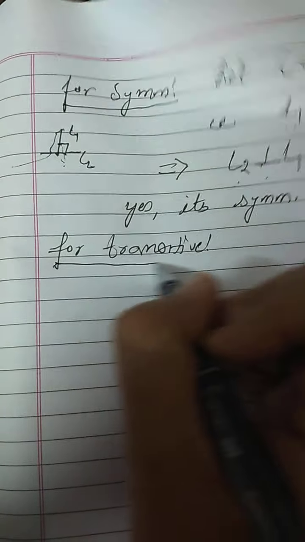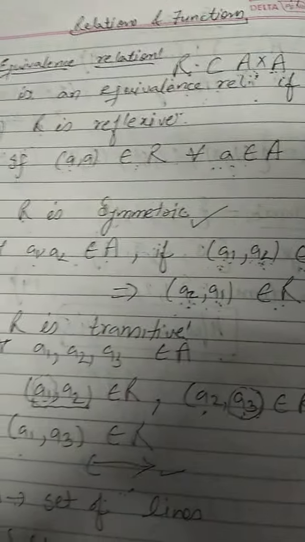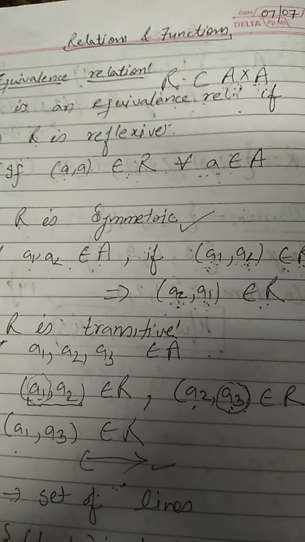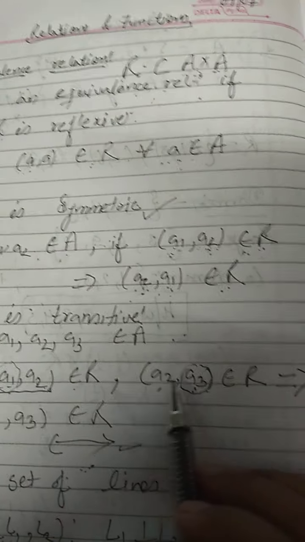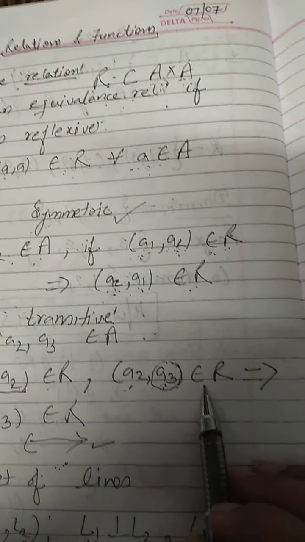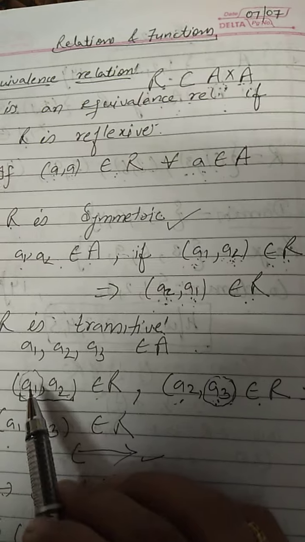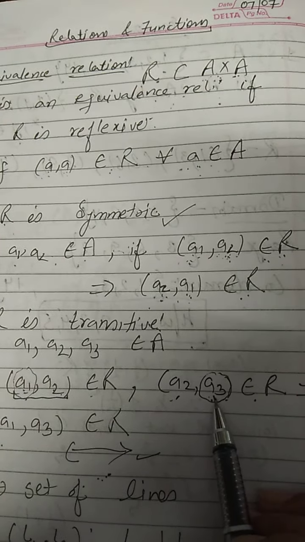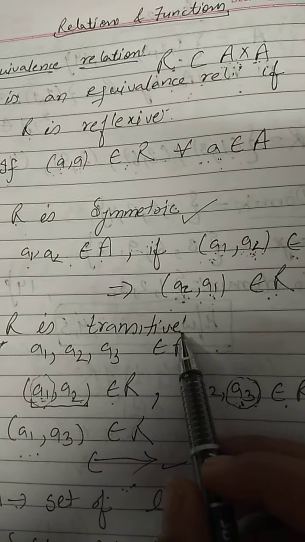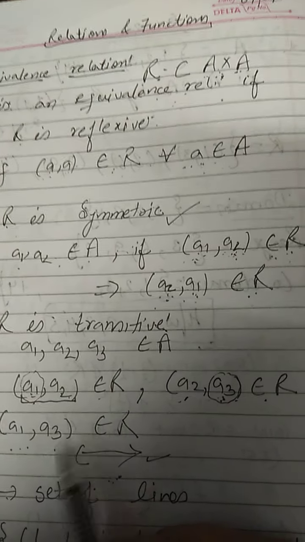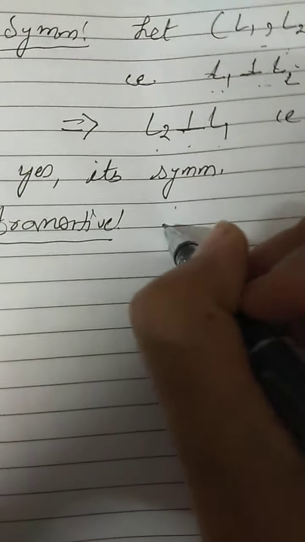Now the third, we have to check for transitive. When we check the transitivity of the relation, let me take you to the definition of transitive. Transitive means if I have two ordered pairs (A1, A2) from the relation and (A2, A3) from the relation, I should have the same relation between A1 and A3. If I can get such an ordered pair in the relation, it means it is transitive, otherwise it is not. So let us take three lines here.